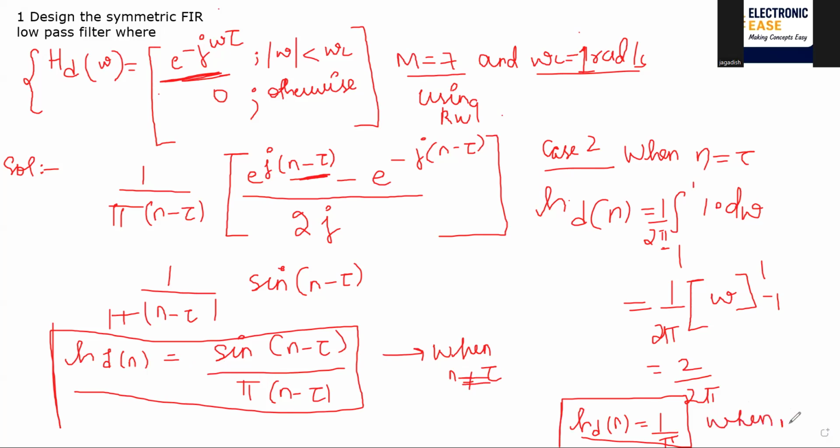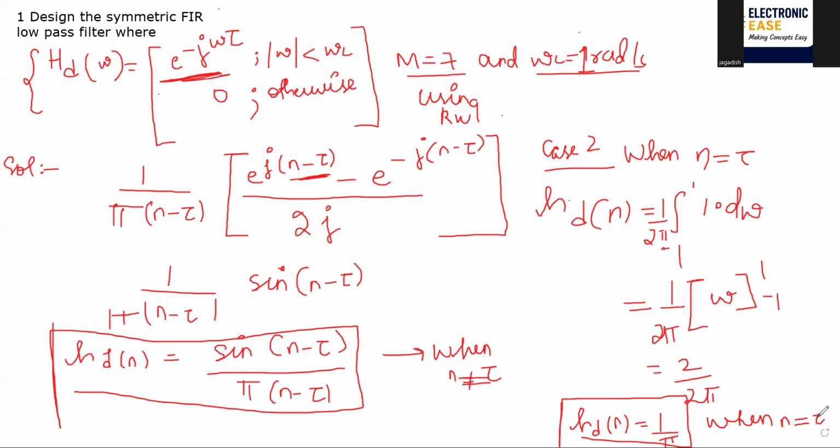The expression we got is sine of n minus tau divided by pi into n minus tau.